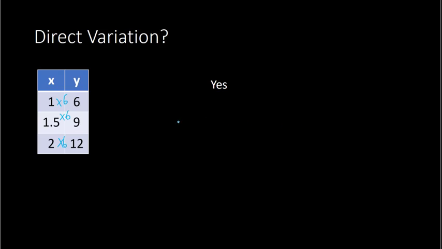And if you wanted to write this with an equation, we can write this as y equals 6 times x, because we took 6 times x to get y. And the constant of variation would be the number 6, because that is what we're multiplying by each time. Alright, and if you did not see that we were multiplying by 6, what I can do is take the y value and divide by the x value.